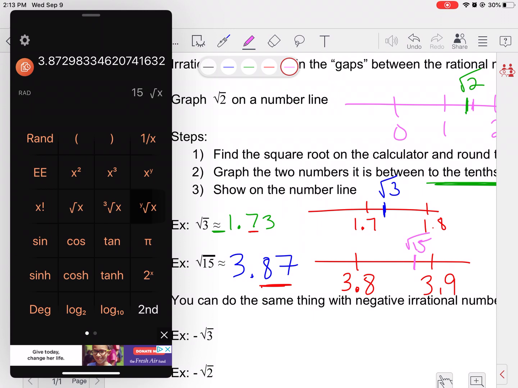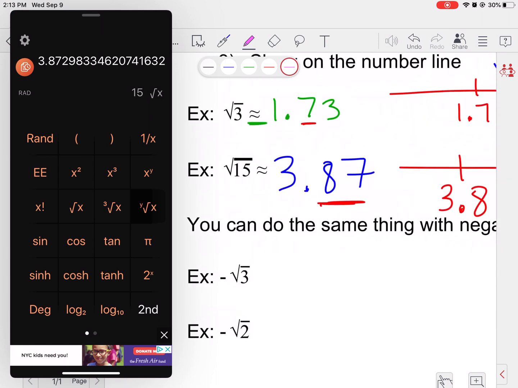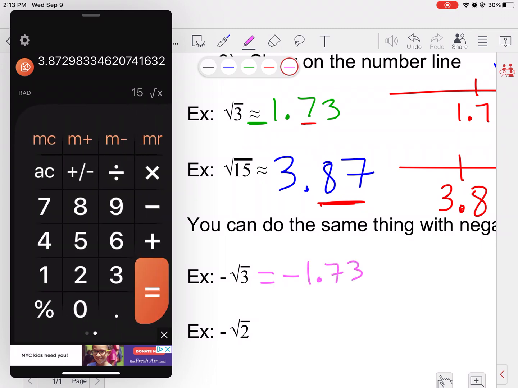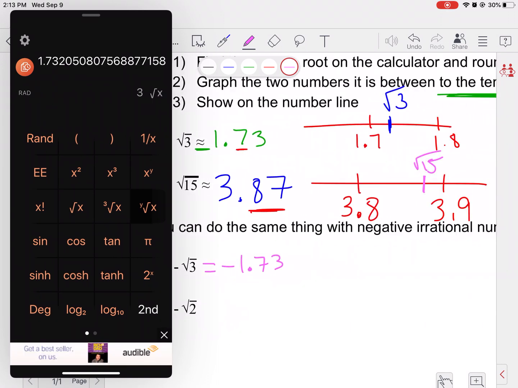We can do the same thing with negative numbers. I know that the square root of 3 with a negative in front is the same as the square root of 3, it's just going to have a negative in front of the 1.73. You could have done that in the calculator where you typed in the number 3 and then took the square root and then just put a negative in front of it. Now we're going to graph. Remember, this is flip-flopped for negative numbers.